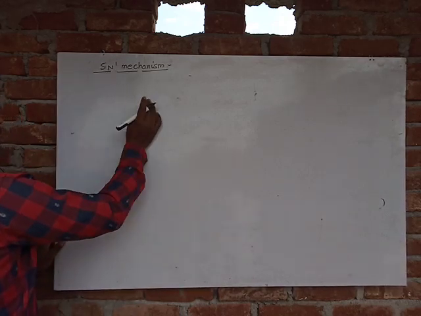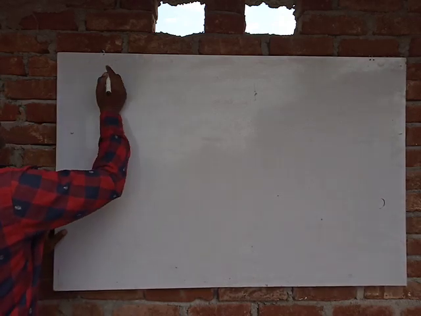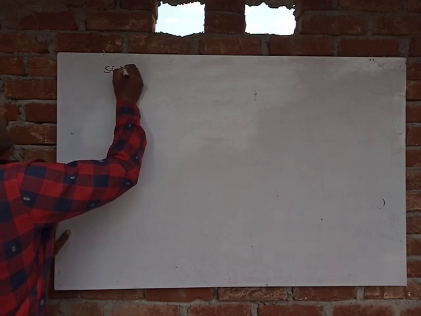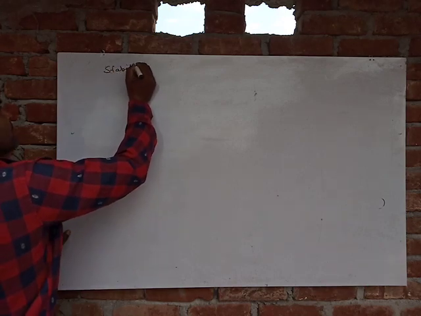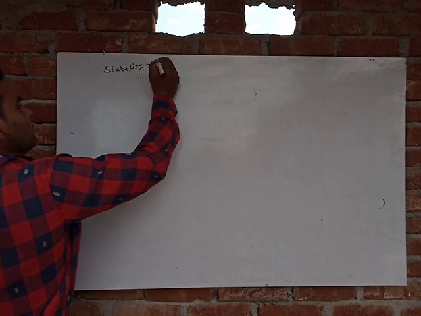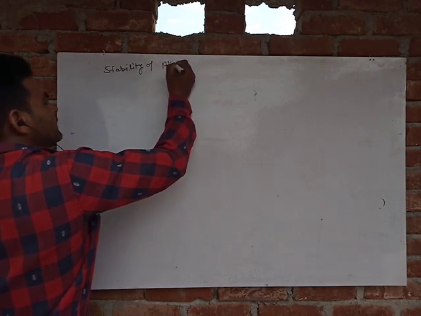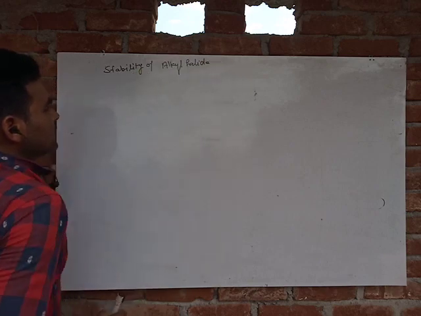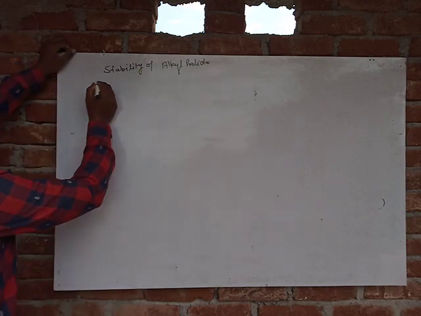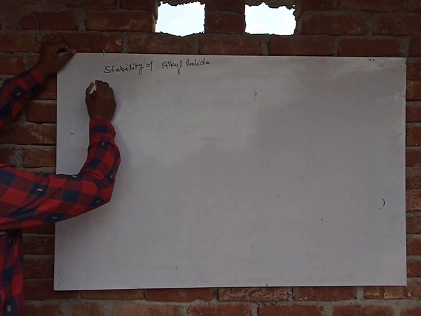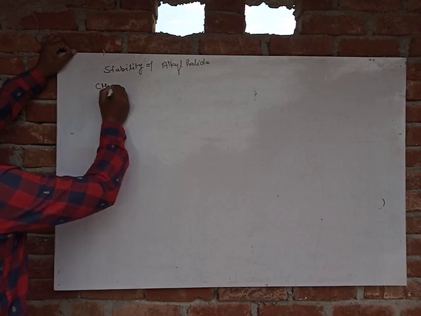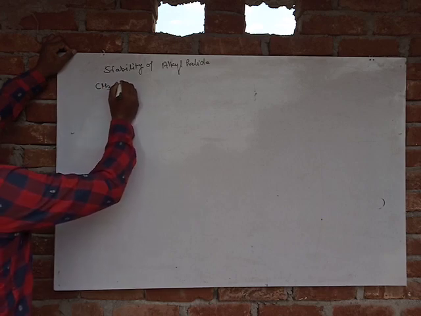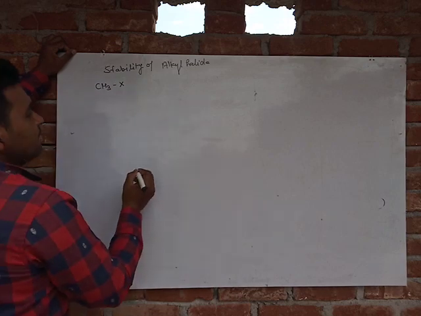First, we discuss the stability of alkyl halides. Here we take the example: this is CH3X, methyl halide.